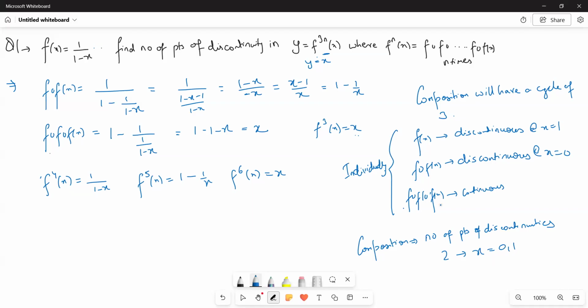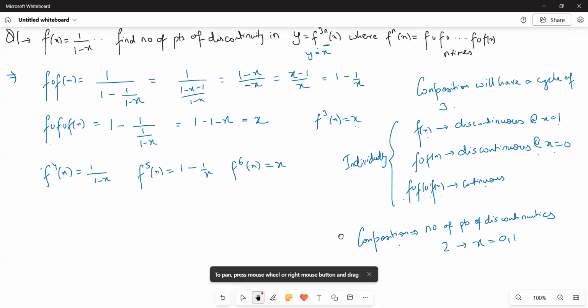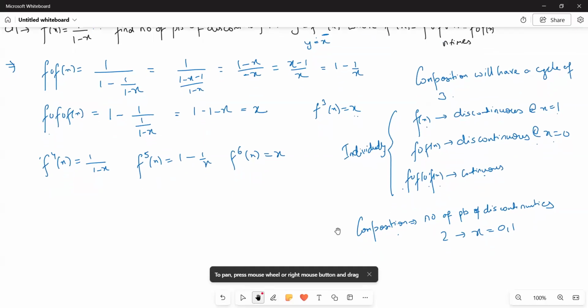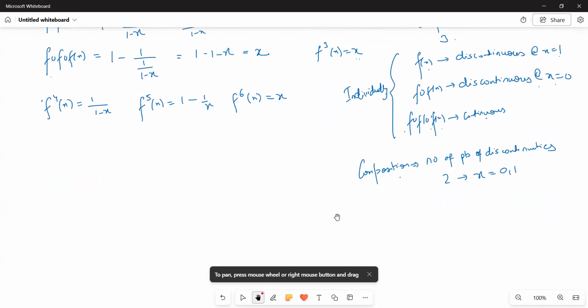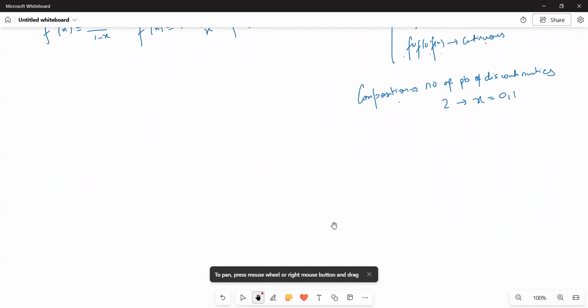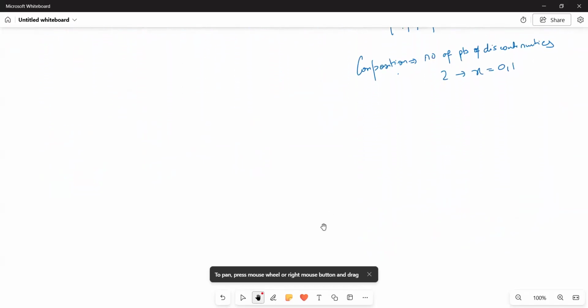Because although f of f of f(x) is continuous everywhere, f of f(x) is discontinuous at 0, which will make the whole composition discontinuous. f(x) is discontinuous at 1, so the composition will be discontinuous. f of f(x) is discontinuous at 0, so the composition will be discontinuous again. So that will be the answer: discontinuous at 2 points, 0 and 1.